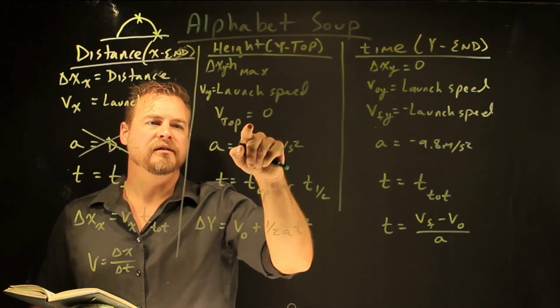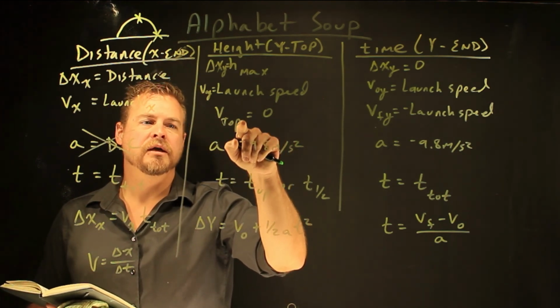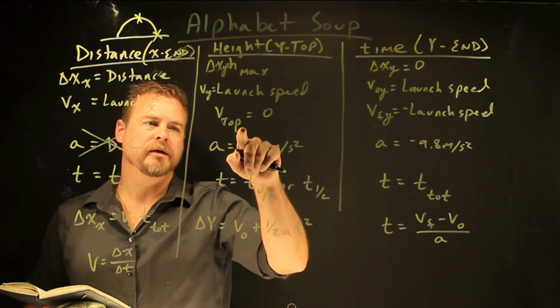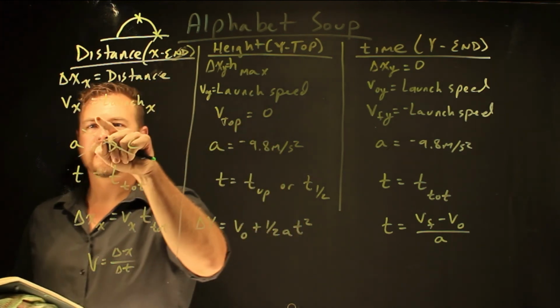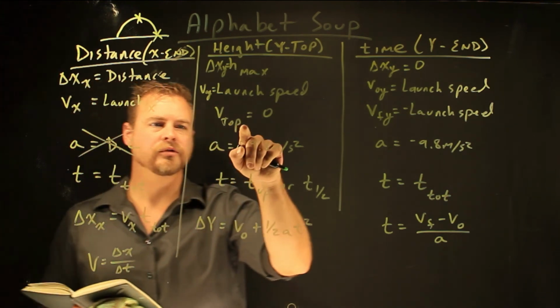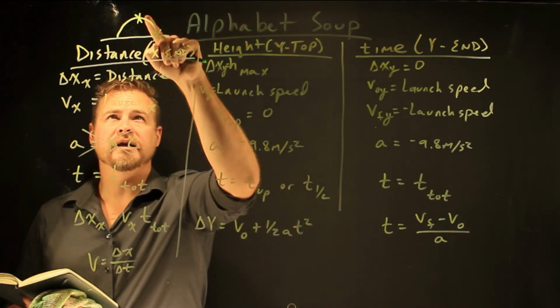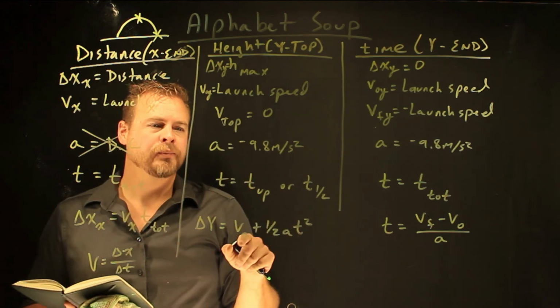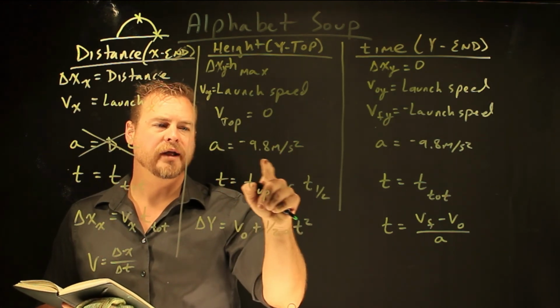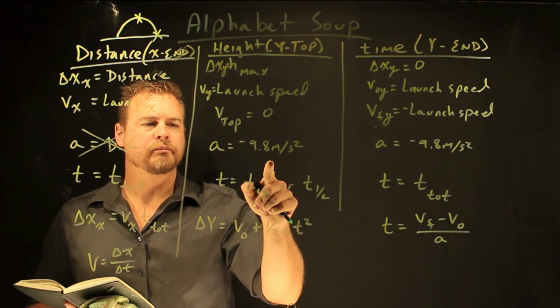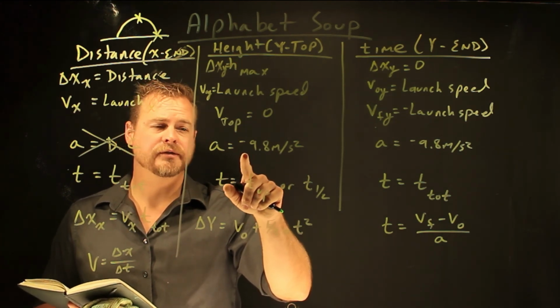And then v at the top, this is actually v top in the y dimension only, because the vx at the top is the same as the vx at the launch, right? So the v top in the y dimension is 0 because it's changed direction. A is negative 9.8 meters per second squared, and that will keep things consistent. But you can switch this. It's not set in stone.